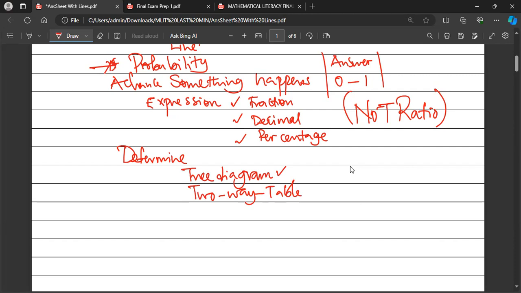We shall only use this when we have two events. If they go beyond 2 events, we shall use a tree diagram. Hopefully this will help you.